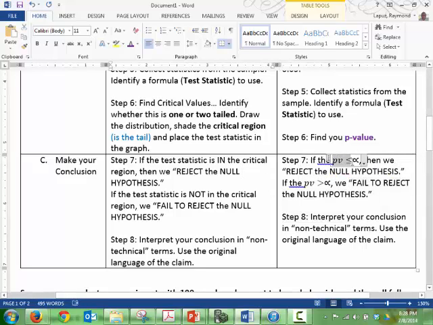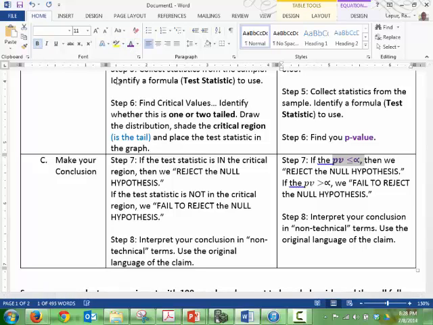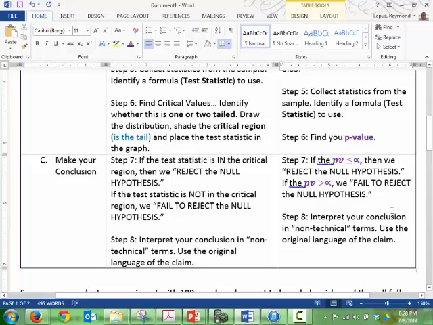So step 6, if we want to be watching out for this difference, will just have you focus on finding the p-value instead of finding the test statistic. Step 7 is now just going to be a comparison between the p-value and your significance level, which we were supposed to be identifying in the 4th step.